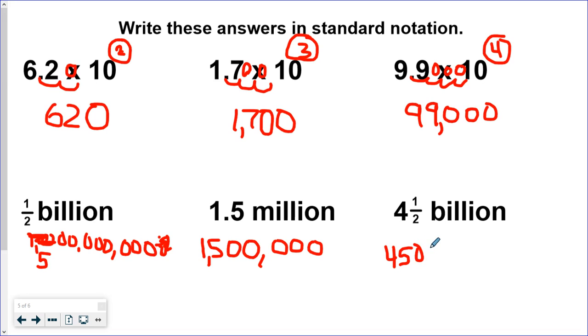So I put a 5 with a couple of zeros, another comma, some more zeros, and 3 more zeros here. So this is my thousands place, my millions place, and my billions place. So this 4.5 billion will be the same as 4,500,000,000. Again, the 4 and the half are right next to each other, so those don't change. Okay, so this is how you'd write those in standard notation.